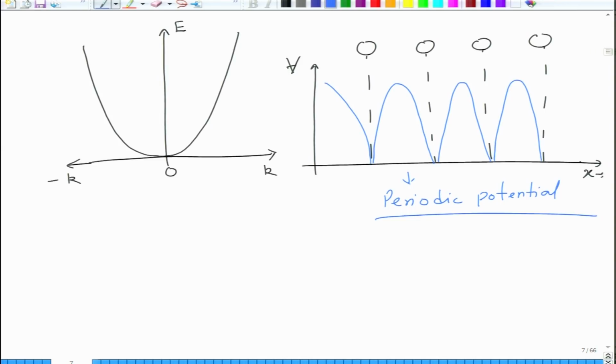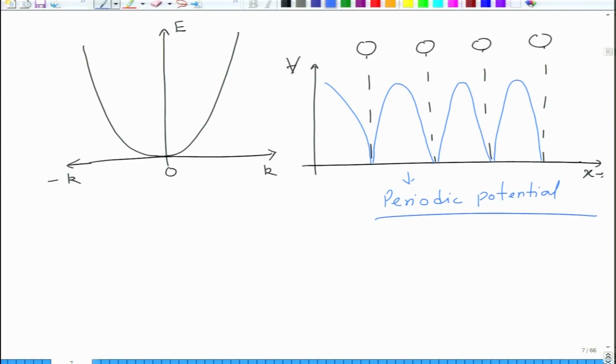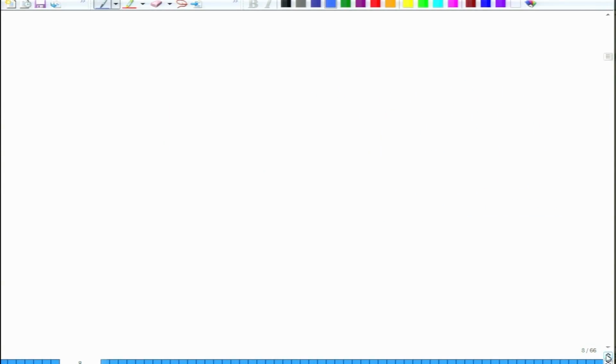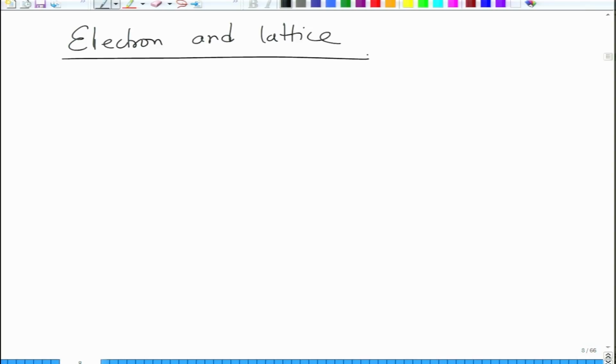This is the energy versus wave vector for a single electron. In a material you do not have a single electron, you have multiple electrons, and all the lattice sites will have this kind of periodic potential. So when you take the electron and lattice together, there is a whole theory behind it, the Kronig-Penney model and so on.